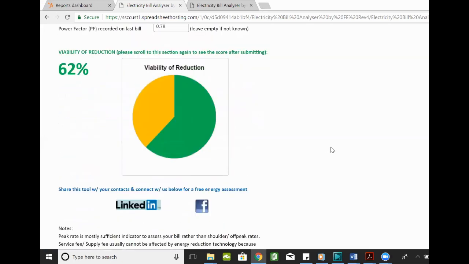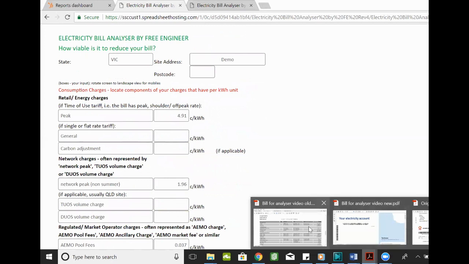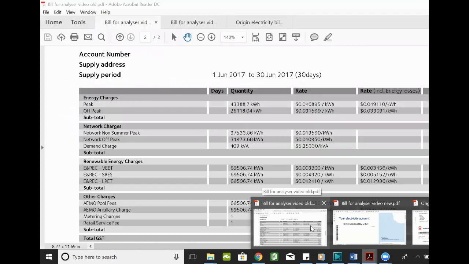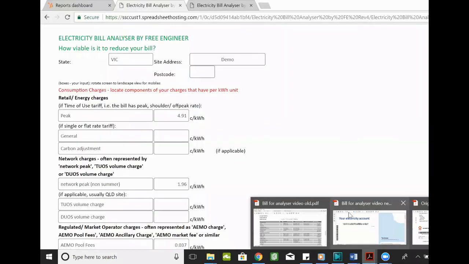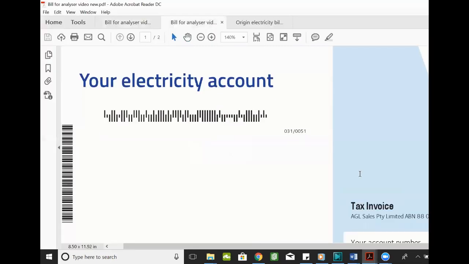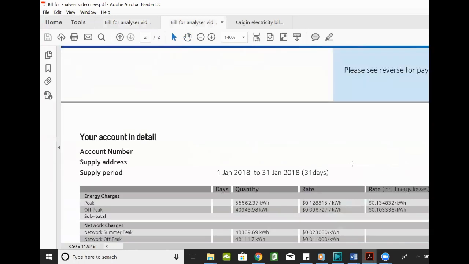Now, the interesting thing about this site is that due to the recent energy crisis, particularly in Victoria, within one month the bill jumped onto a much higher rate. I'll show you what it is. This is the new rate.